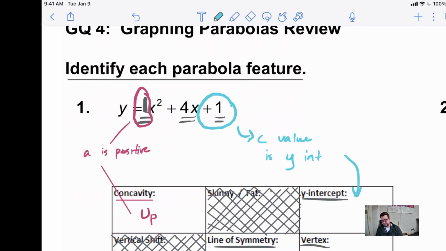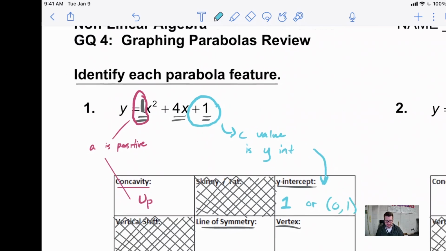When we write our y-intercept, we typically will write it two different ways. You want to be familiar with doing it both ways because on your test, you could see it multiple different ways. We can either say that our y-intercept is 1, or in the case that we are looking for a point, the y-intercept of 1 corresponds to the point (0, 1). It's just putting a 0 in that x spot.